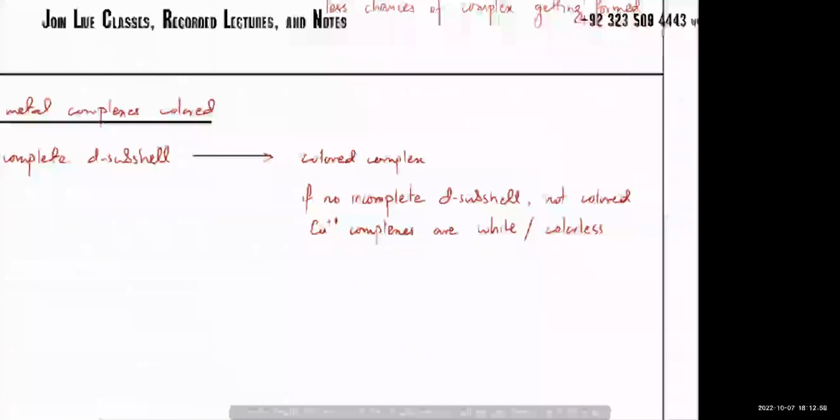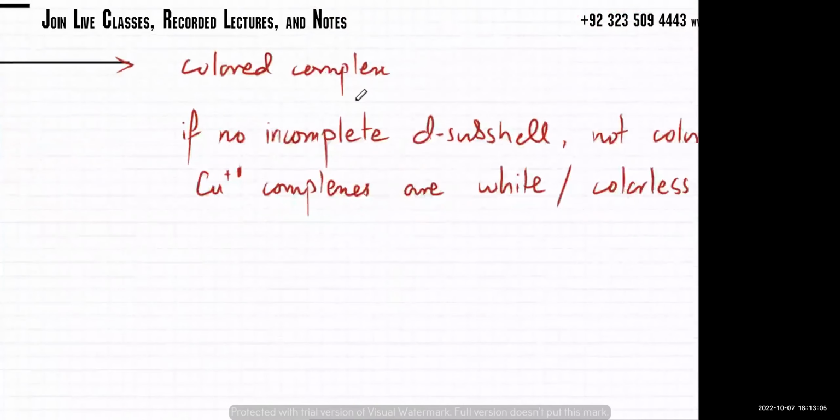And the thing about copper 1 is that it has a full d subshell. When you have a copper 1 salt, copper plus 1 means the electronic configuration is argon, that's 18 electrons, then 4s2.